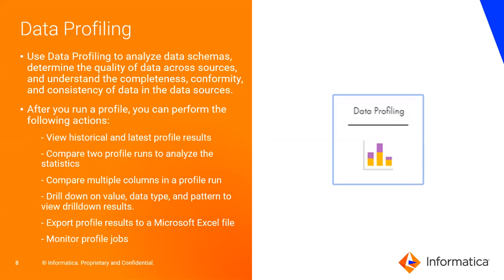Let's say you have column A and column B in a profile, and you want to compare the metrics of both of them, which column contains more null data and which column contains distinct data. So you could compare multiple profile columns also as part of the profile run.